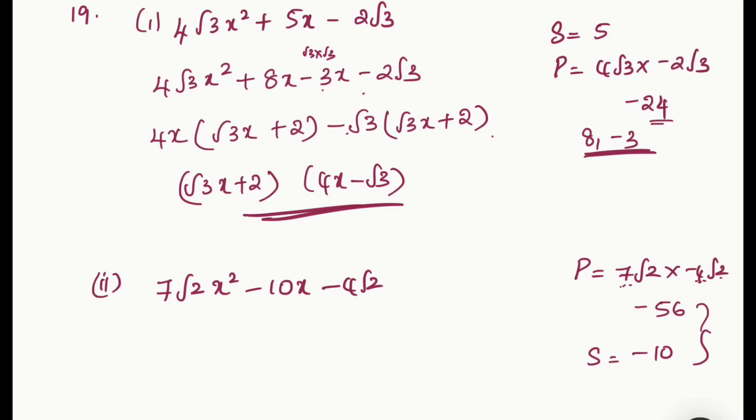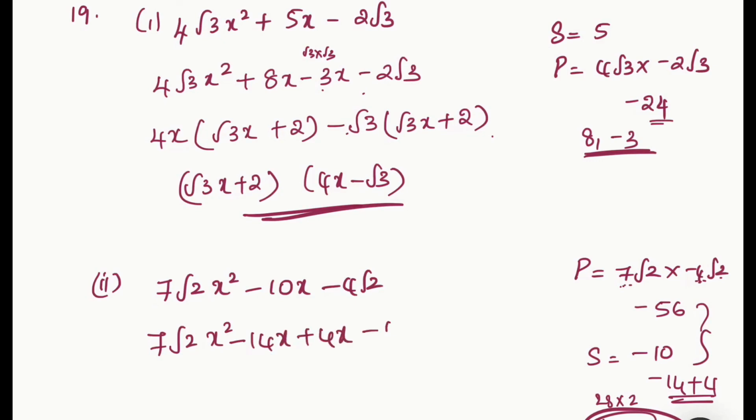So 56, which are the ways I can split 56? You check. 56 can be split as 28 into 2, 14 into 4. 14 4s are 56. So I can take it as minus 14 plus 4. So let me take it as 7 root 2 x square minus 14x plus 4x minus 4 root 2.